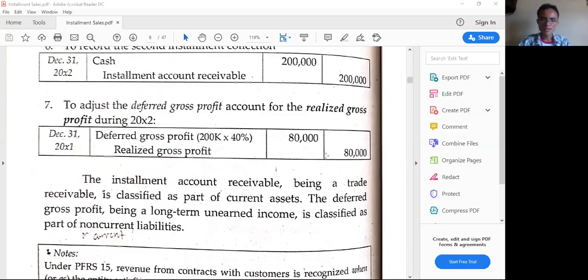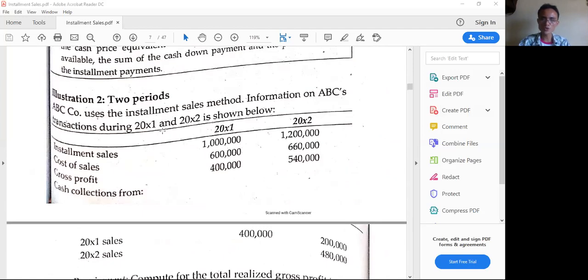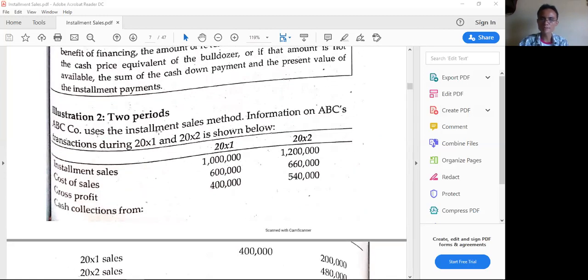To continue, what if there are two periods or more, especially for installment sales in which the contract would last for two or more years? In that case, guys, we have to be careful with the dates. The assumption is that normally there would be changes in gross profit rates as we go along.